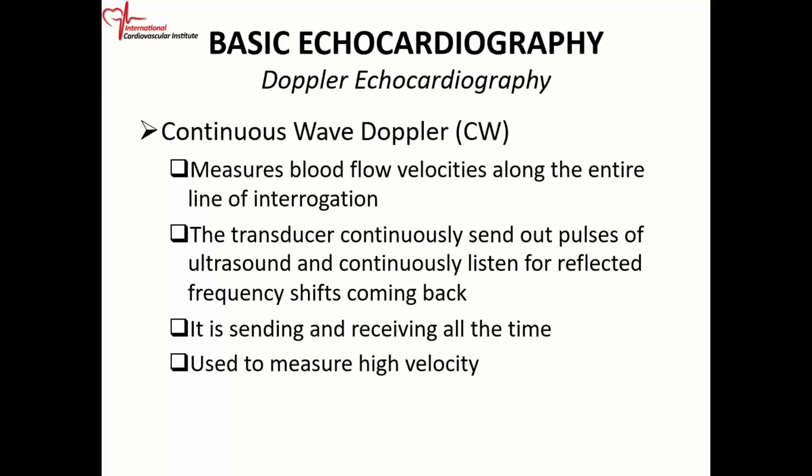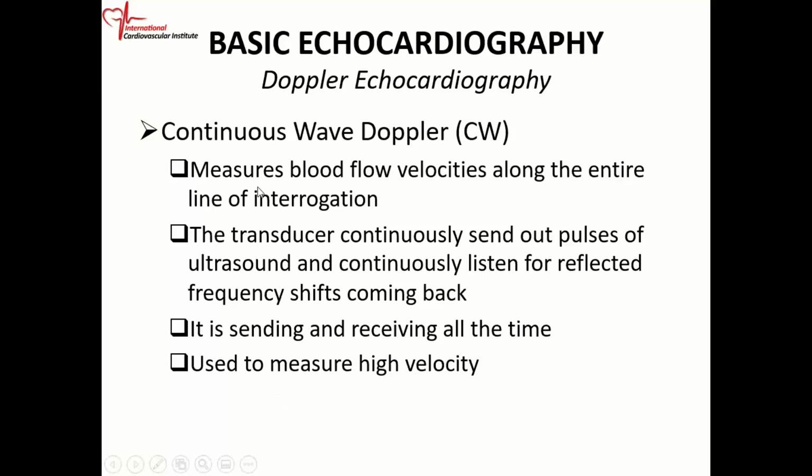Your continuous wave Doppler is sending out pulses continuously, and it's continuously looking for the reflected wave coming backwards. So it is sending and receiving at all times, different from your pulse wave Doppler.